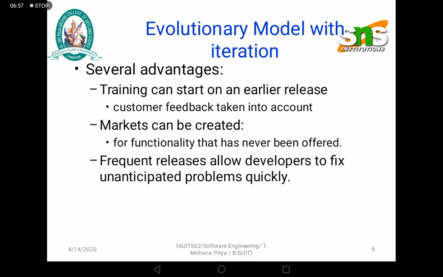Where the problem is very large, we can go for the evolutionary model, because a larger problem requires at least 2 to 3 years. If the customer does not want to wait this long, he can go for the evolutionary model. This is the major objective of the evolutionary model.